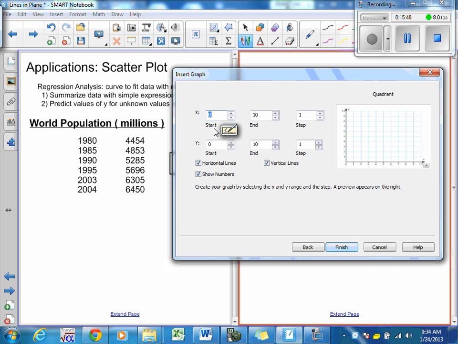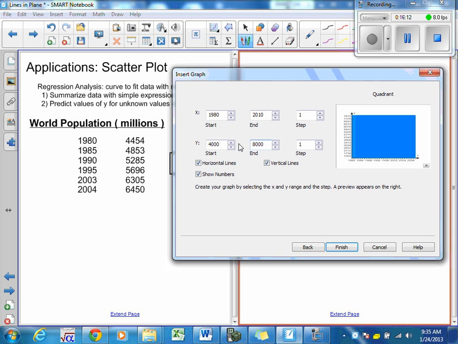For my x-axis, I'm going to start in 1980, and we're going to go to 2010. And my y's start at, what, 4,000, and I'm going to go to, let's say, 8,000, with a step of 500, somewhere like that.